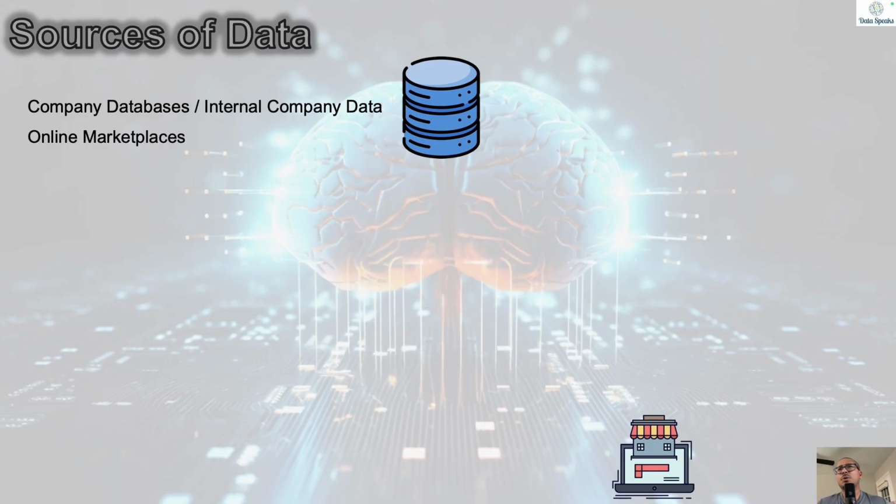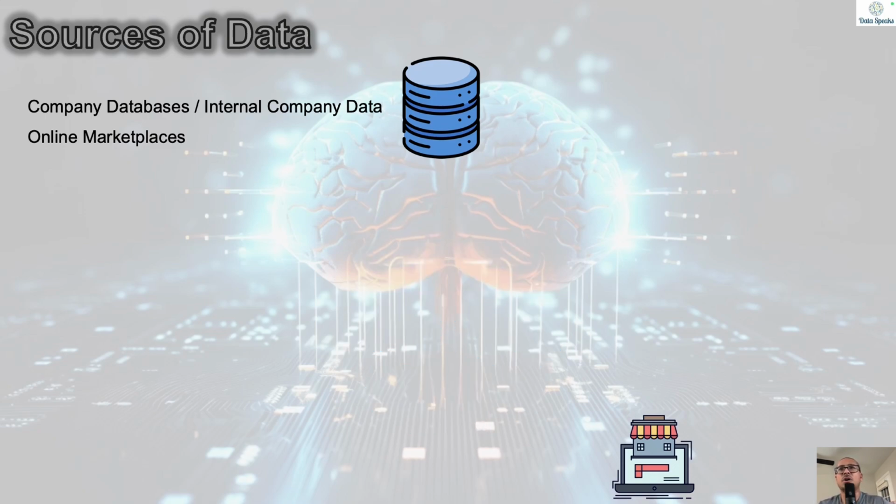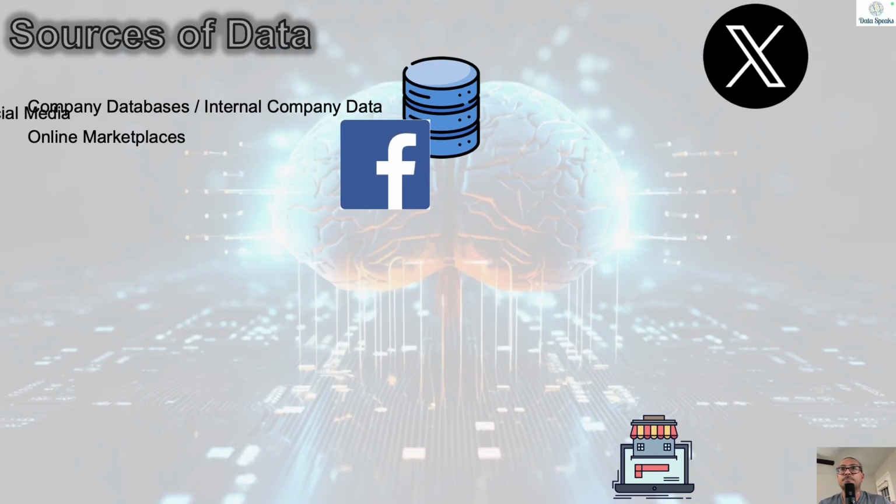For example, Snowflake, the very popular cloud database and data warehouse company, sells data as part of its online marketplace. There are hundreds and thousands of different online marketplaces from where a company can buy data and utilize it for internal analytical projects.